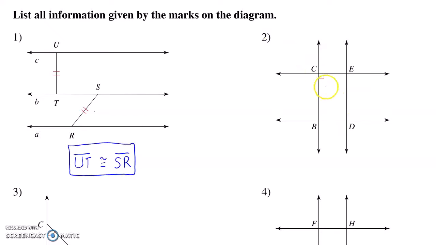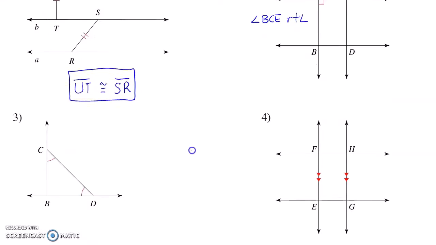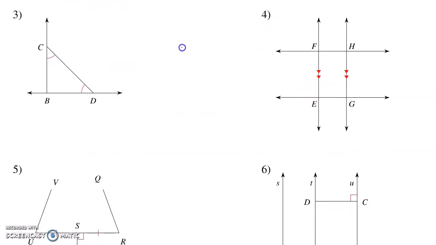In problem 2 here, we are shown that angle BCE is 90 degrees or right angle. In problem 3, angle BCD is marked congruent to angle BDC.